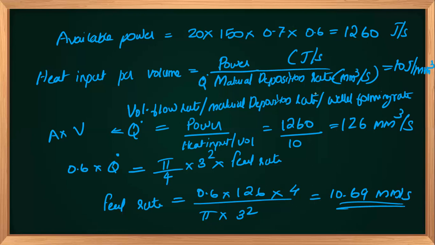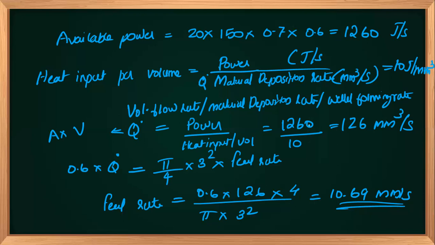Check the dimensions is right, or I think it's a, yeah, I made a mistake, right? Your power, no, power divided by heat input. It will be joules per second, joules per second.